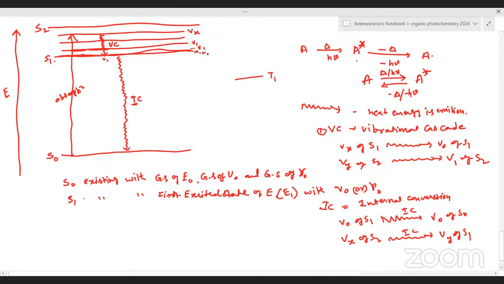The electron spins may be changed, which also involves the emission of light or heat energy. From V0 of S1 to the V0 state of T1, this is called intersystem crossing.